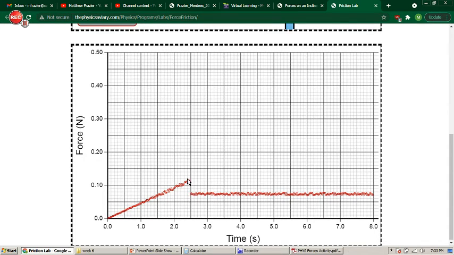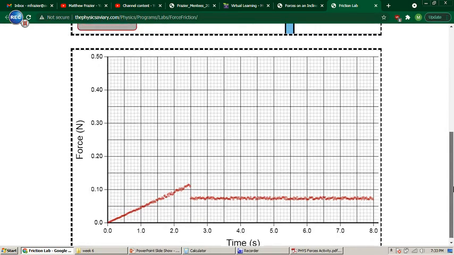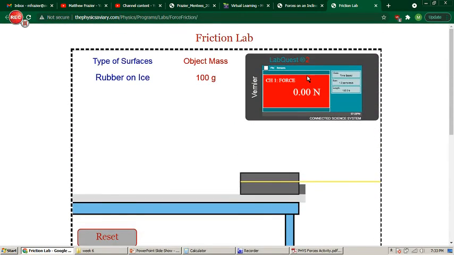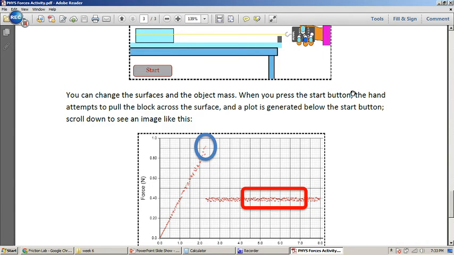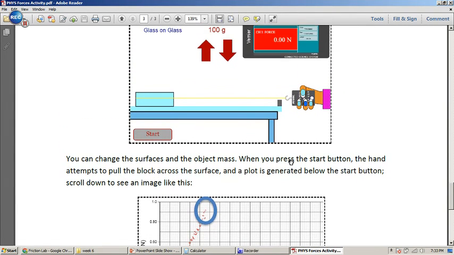All right, so you can find this value. It's about 0.11, and this value is about 0.075. Right. So you can look at those values, and you can look at the situation. It's a block sitting on a table. So you would draw a free body diagram for this. There would be a normal force, a weight force, and a friction force, and a tension force. And you're measuring that tension force.